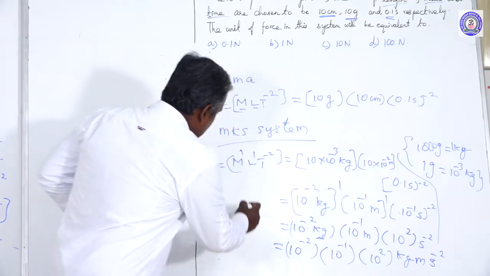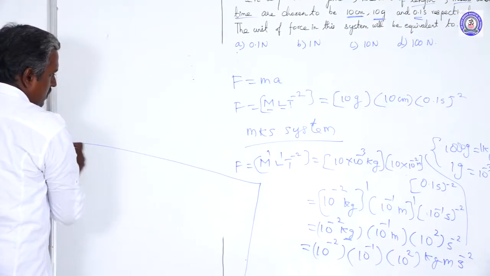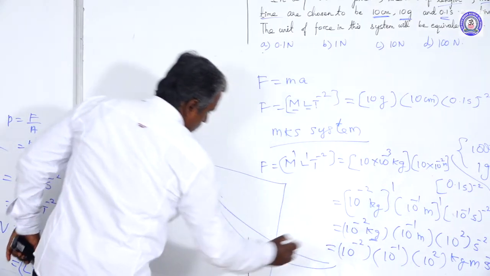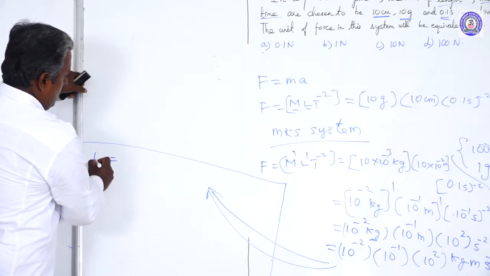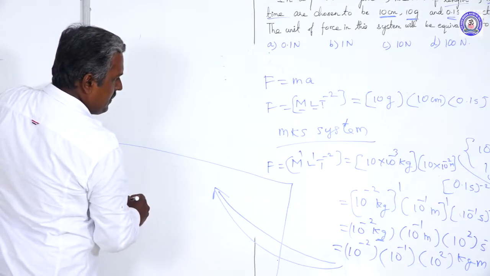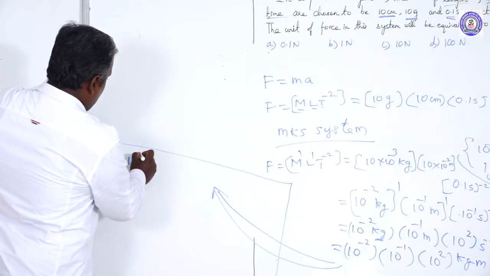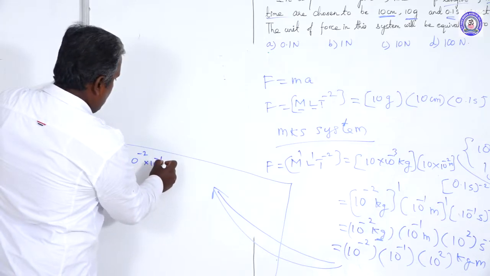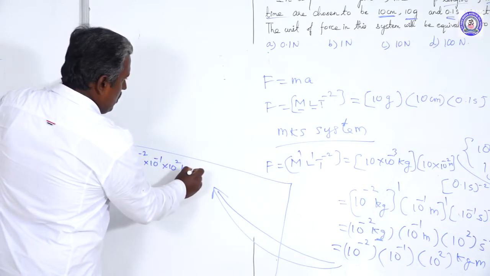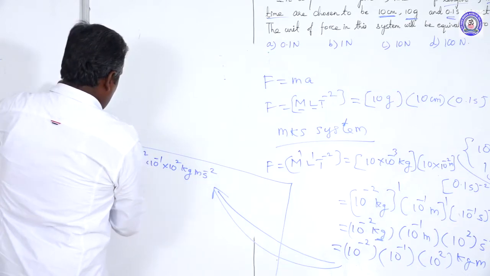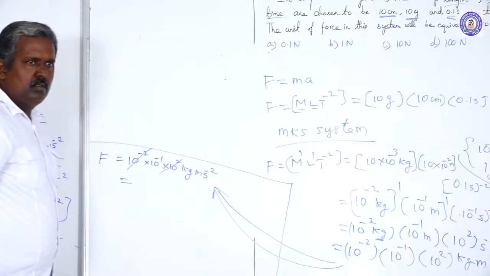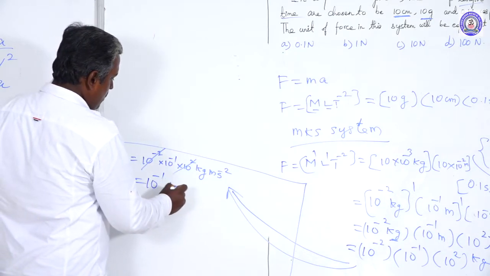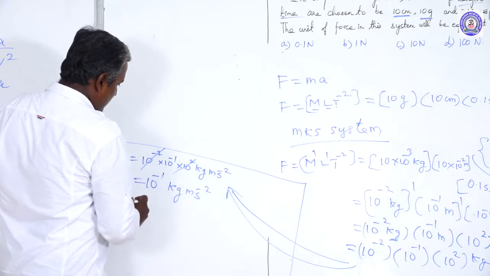Now F is equal to 10 power minus 2, 10 power minus 1, 10 power 2 kilogram meter per second square. Cancel now. You can cancel directly. Remaining 10 power minus 1 kilogram meter per second square.